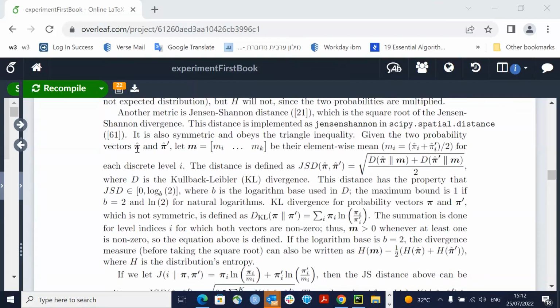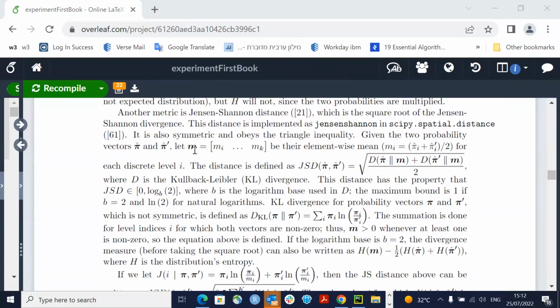A quick question. Yes. The KL divergence is not symmetric. So how do you, yes, it's made symmetric by adding both of them, right? Yes, right. So the underlying measure uses the KL divergence, which is not symmetric, but here's how it becomes a symmetric measure. Again, pi and pi hat are the baseline and observed.